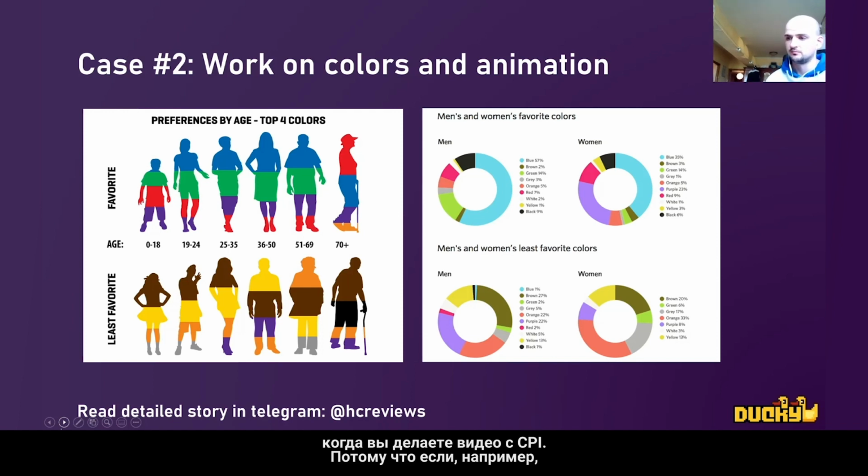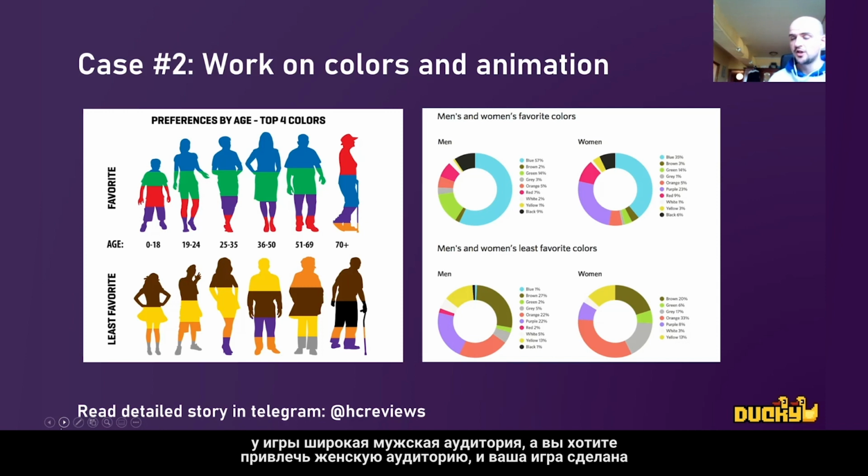For example, if your game has a broad male audience and you lack females, but the game is made for all genders, you might want to try and have videos with more purple coloring in them.